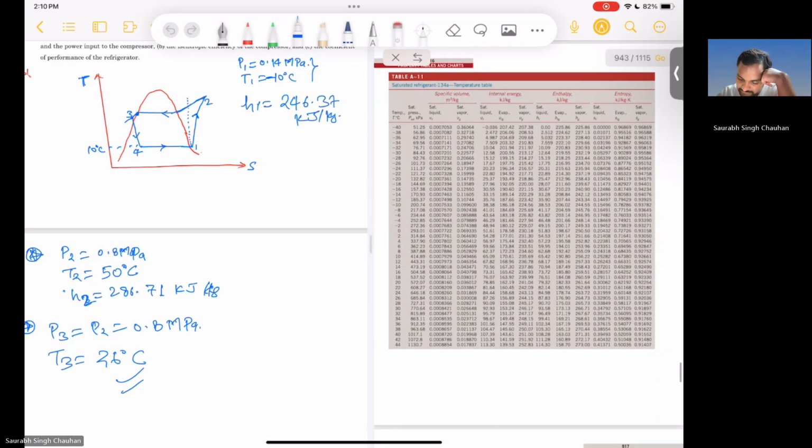The enthalpy is approximately 87.83 kilojoule per kg.